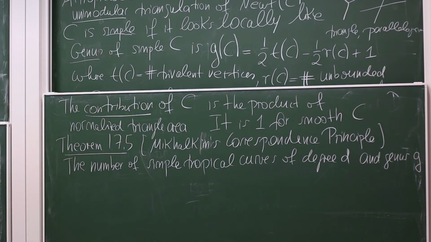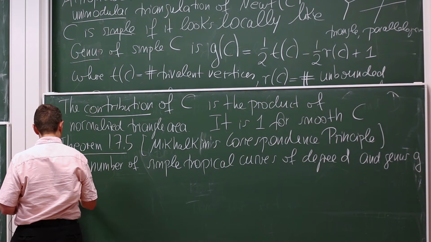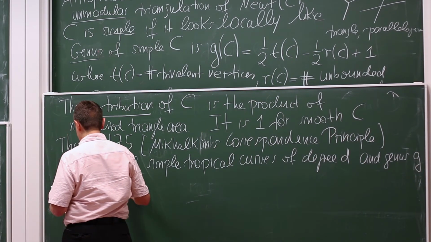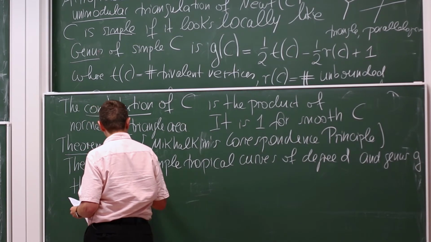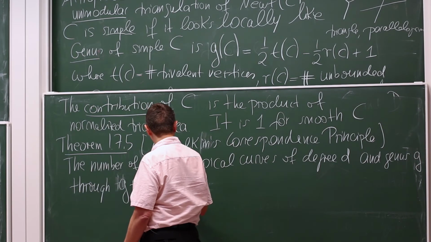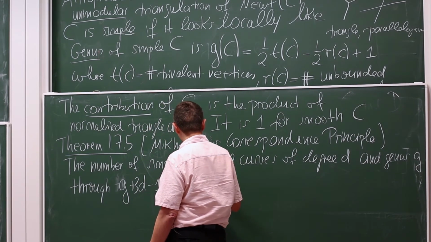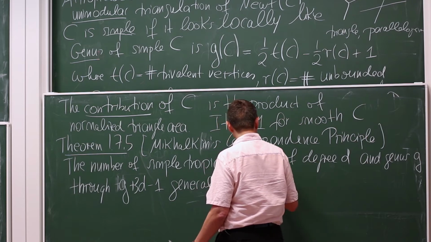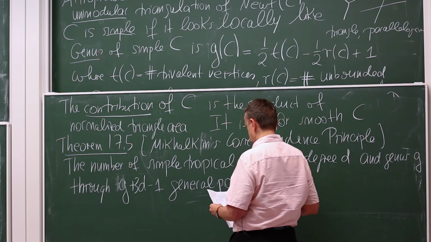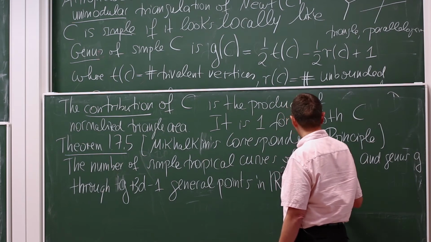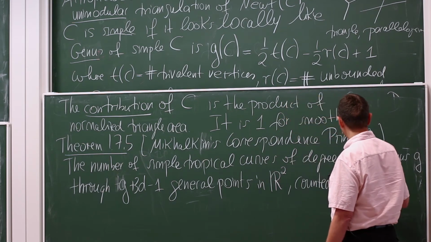So I'm counting curves of a given degree in the given genus. Well, passing through the correct number of points. So this is g plus d, 3d minus 1 general points in the plane, counted by contribution.